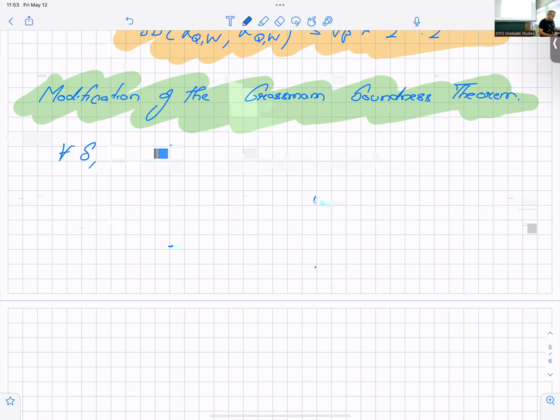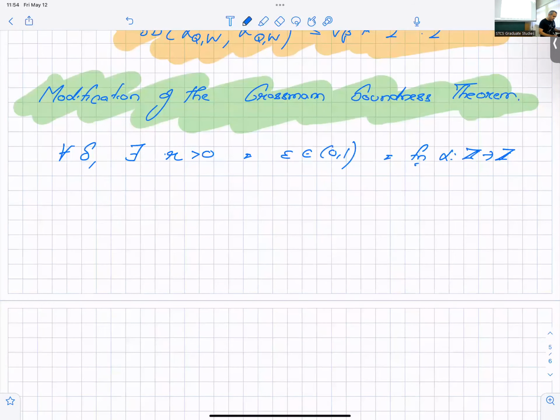For all delta, there exists an integer r greater than 0 and epsilon greater than 0, and a function alpha going from the integers to integers, such that for all sufficiently large L and then k larger than L. So ideally, I would have wanted to say once I fix delta and r, there exists a constant fraction of zoom in, zoom out that explains, and that constant will be depending on delta.